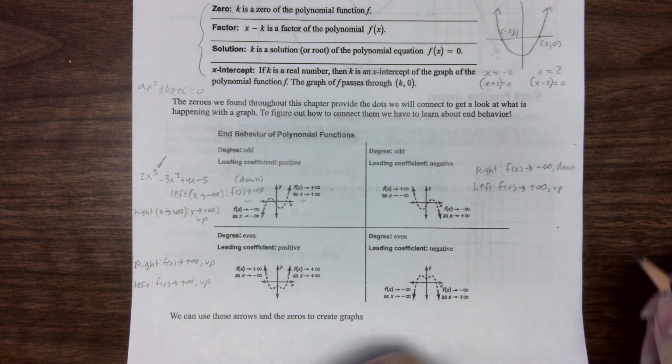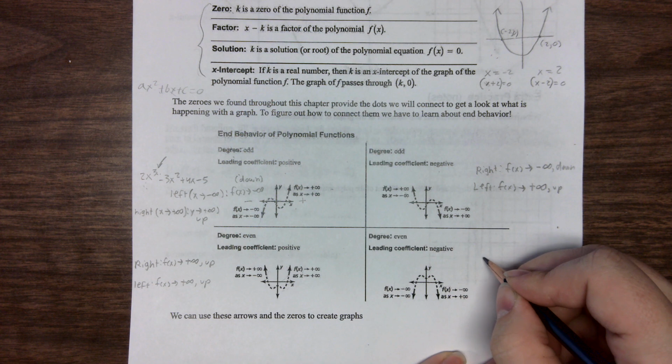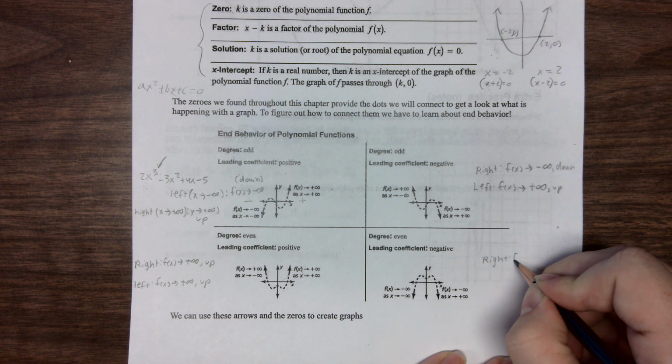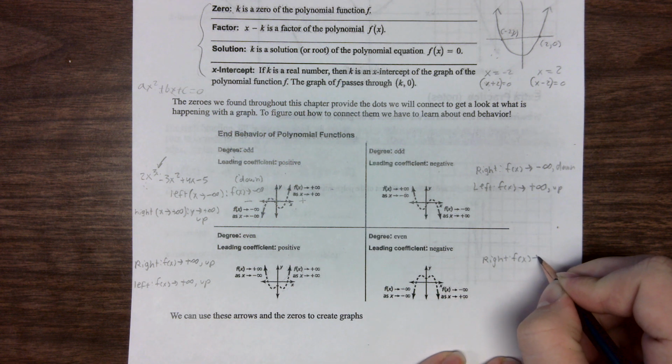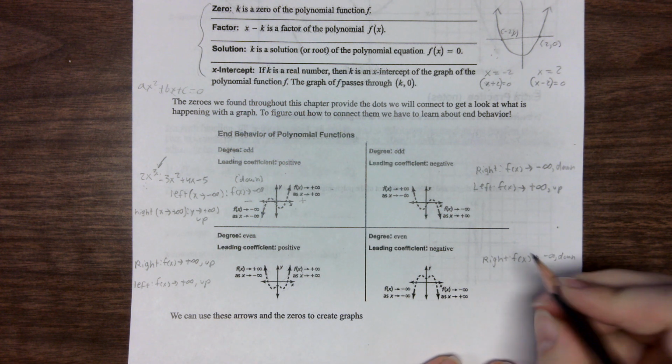Now, when we have a negative leading coefficient with an even degree, the opposite is going to be true. So as I move towards the right, our f of x will approach negative infinity. It will go down.